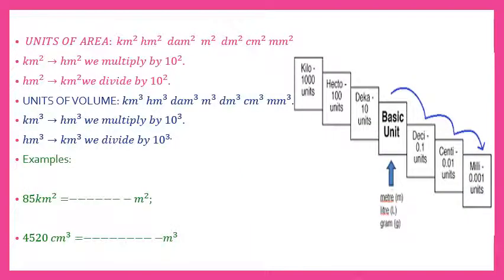Here we have the units of area. The units are squared, because we are using two-dimensional shapes, and we have to multiply length times width. If we multiply length times width, then we have two measurements multiplied by each other to form this unit, which is squared kilometers, squared hectometers, squared decameters.